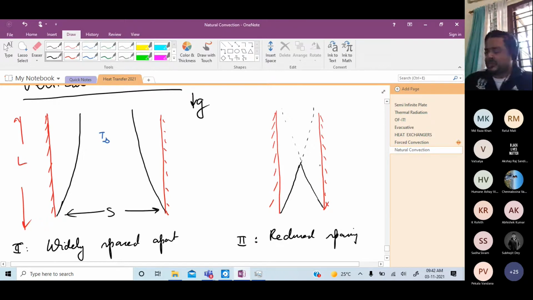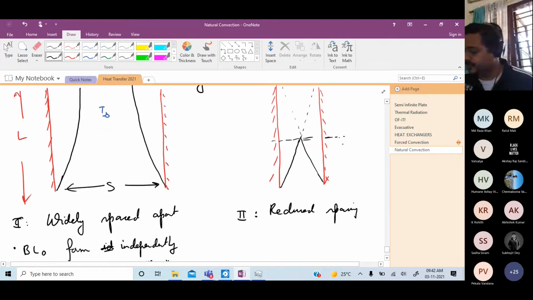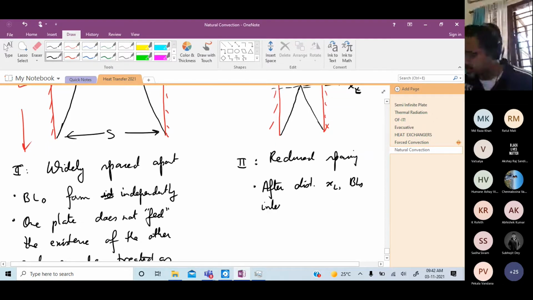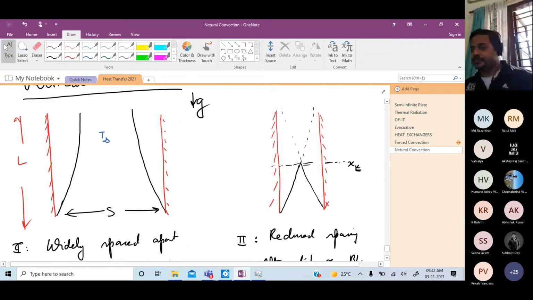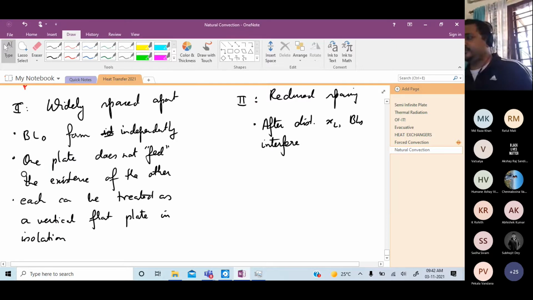And then after a certain distance, these interfere. After distance X_L, the boundary layers interfere. So this is like the equivalent of a fully developed flow.